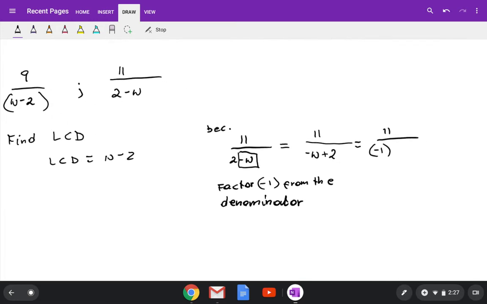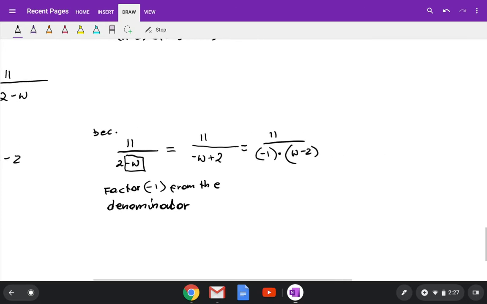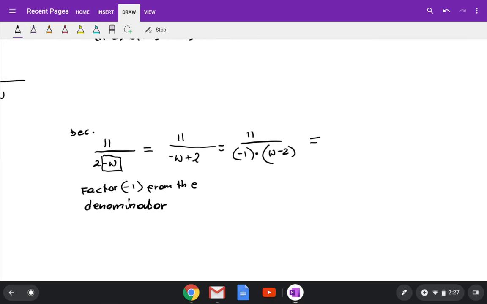So to make them the same, we're going to factor negative 1. When you factor negative 1 from the denominator, we'll end up with w minus 2. Now with this negative 1, you can rewrite this fraction as negative 1 times 11 over w minus 2.